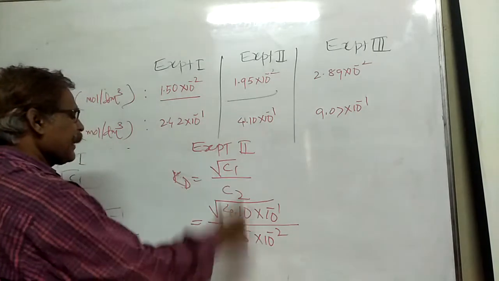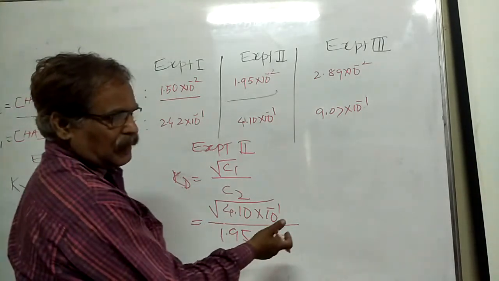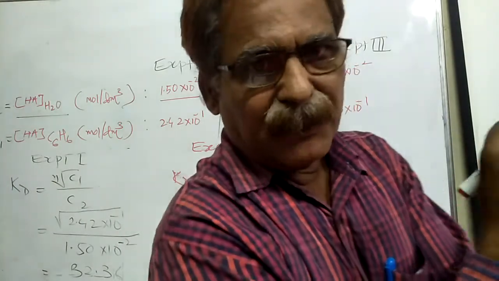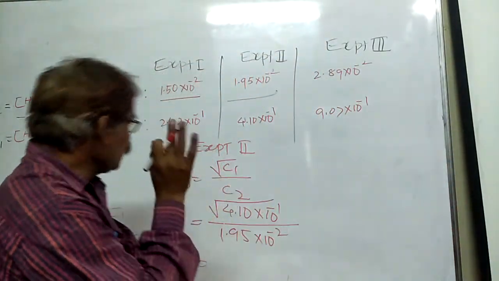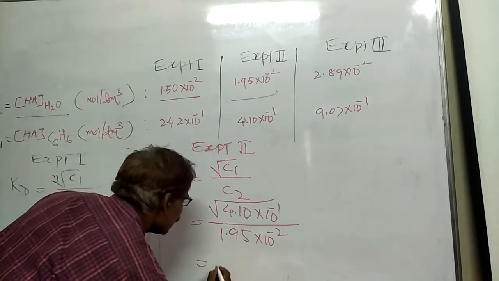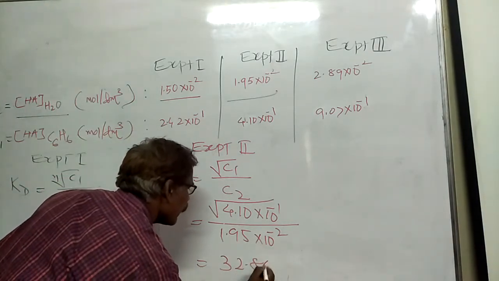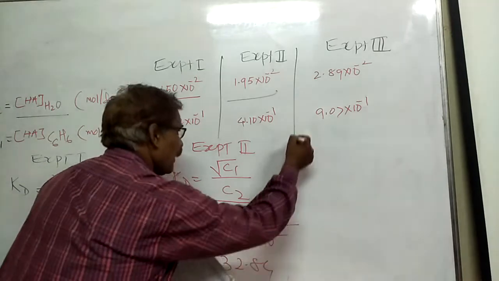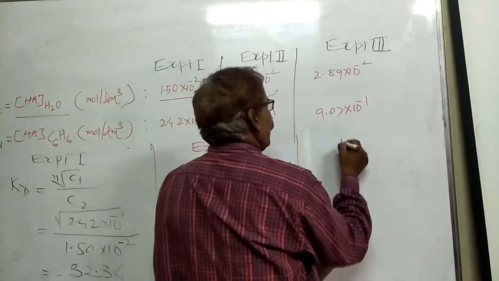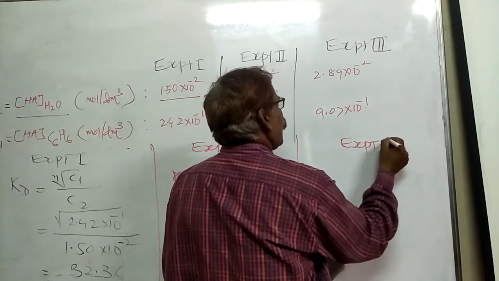When we calculate the square root of C1 upon C2 in experiment number 2, we get 32.84.